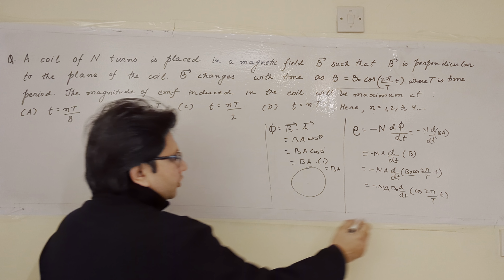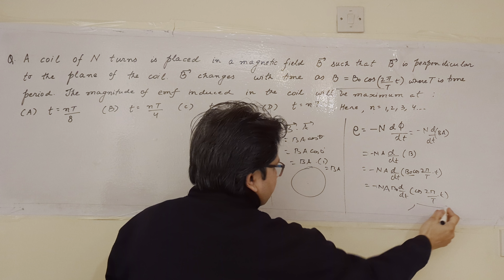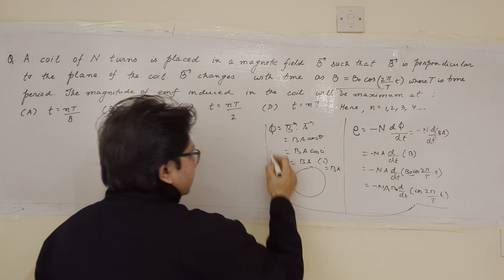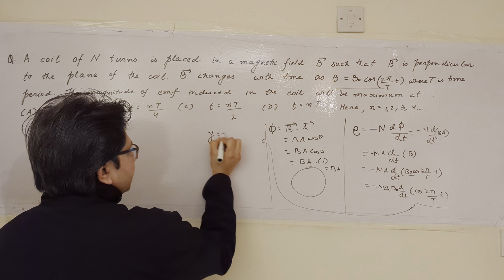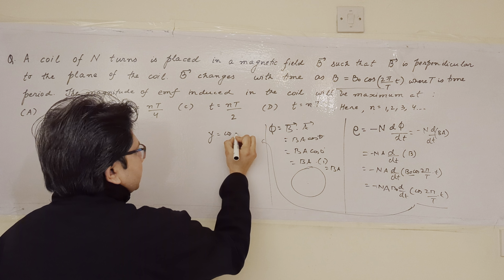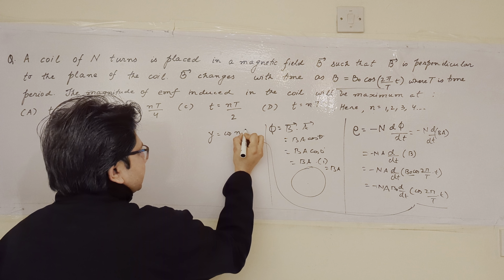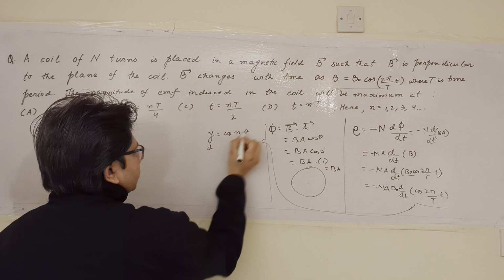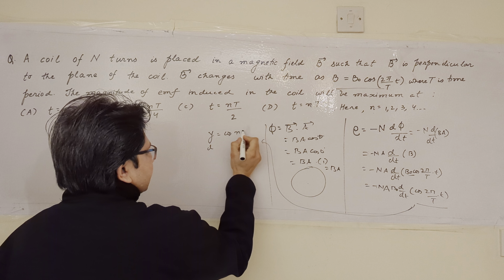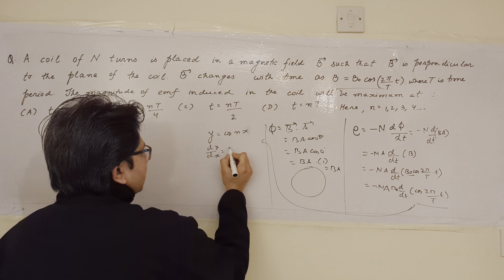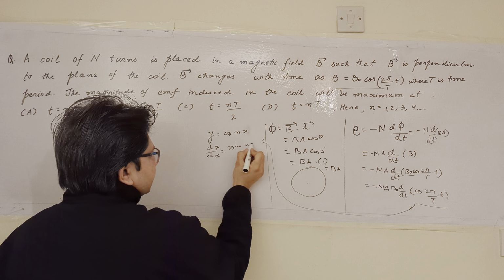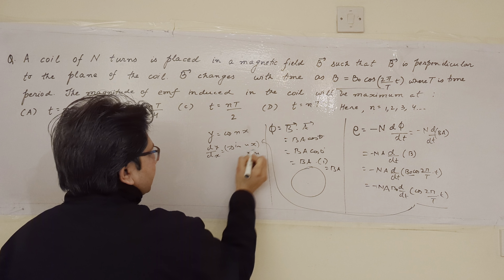Now in the next step, we have to find the differentiation of this term. It is like the expression y equals cos nx. So dy/dx is equal to minus sin nx multiplied by n.